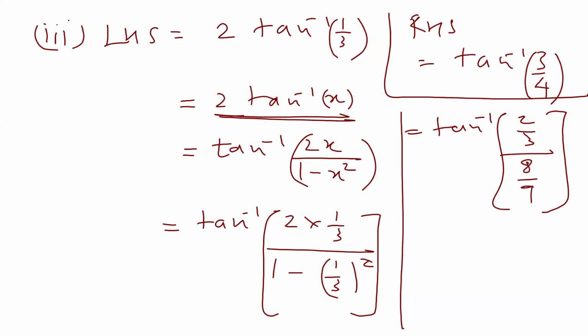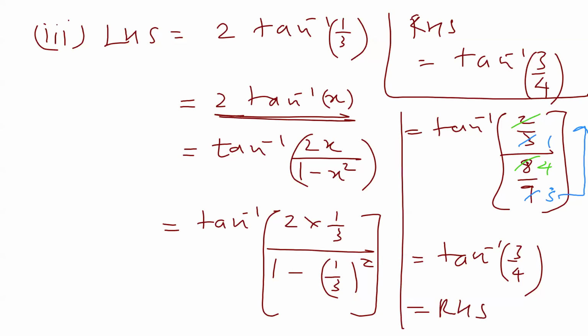So 2 ones are 2, fours are 8, and 3 ones are 3, threes are 9. Now denominator will become numerator. Send that 3 in the numerator: tan inverse of 3 by 4, which is equal to RHS. That was question number 3. Let us go to question number 4.